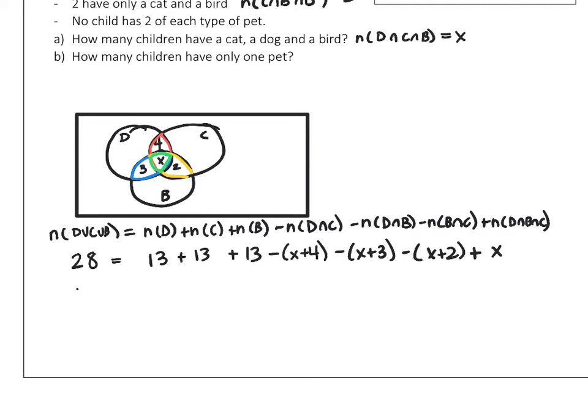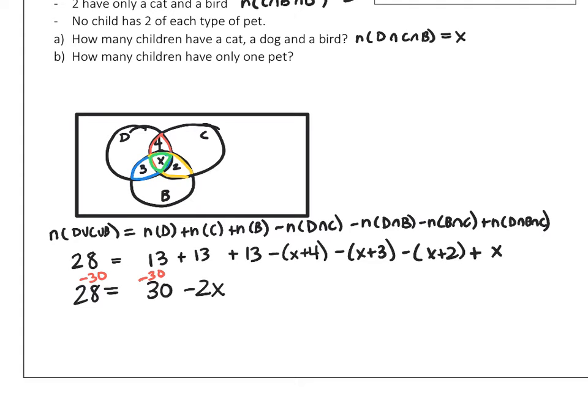When I simplify this, the numerical portion becomes 30. If you want to write out the whole thing, you can, but I'm taking some shortcuts here. So it'll be minus x, minus x, minus x. So that's minus 3x plus x, which is minus 2x. And then when I solve this, I would move the 30 across the equal sign, right? Subtract 30 from both sides.